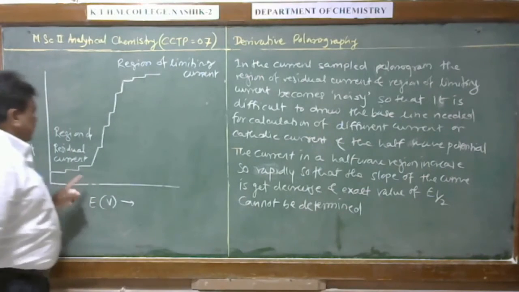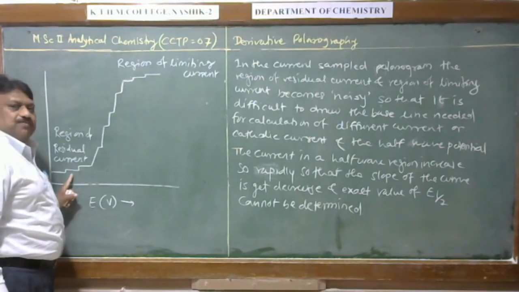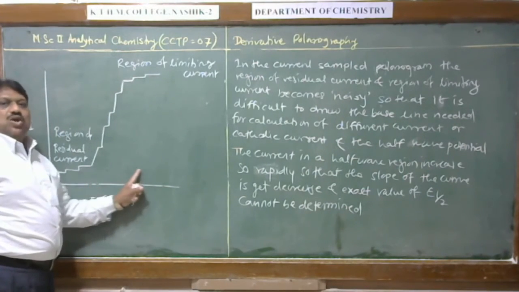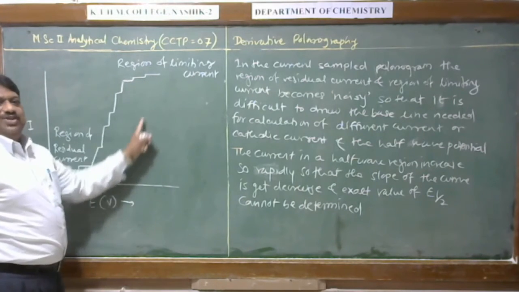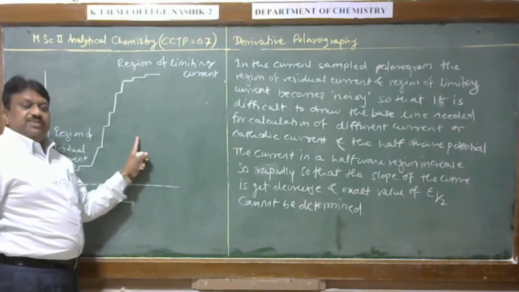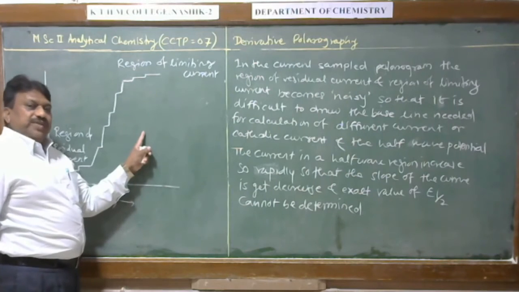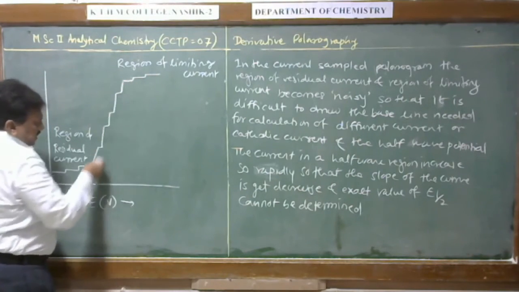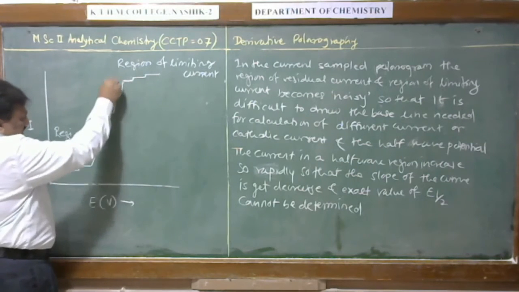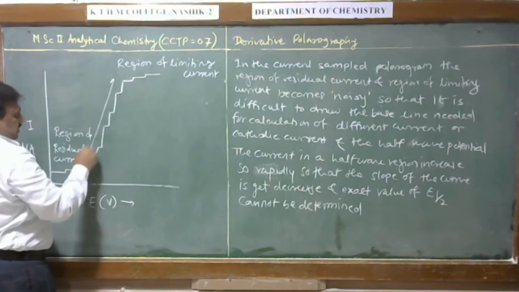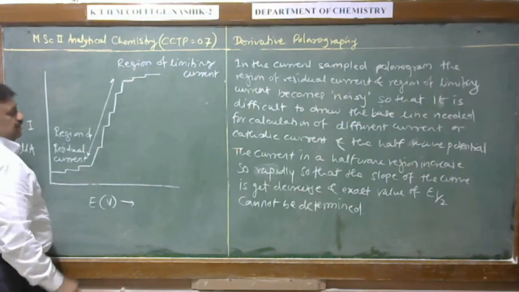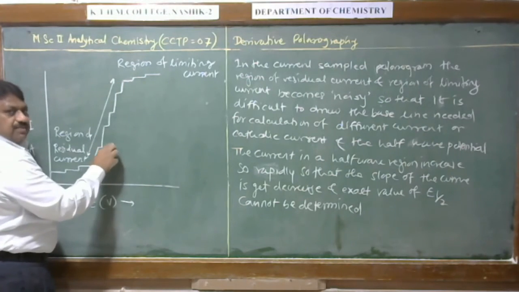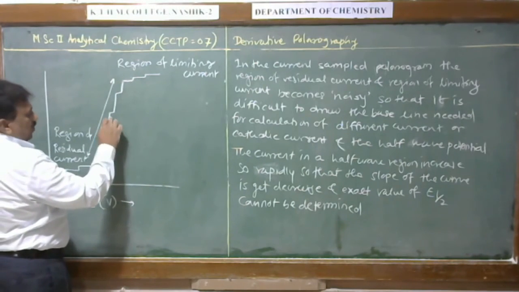In this voltammogram, it is difficult to draw the baseline for determination of the cathodic current of the analyte, as the slope of the curve in this region changes. This is the slope, and therefore it is difficult to determine the exact value of the half wave potential.